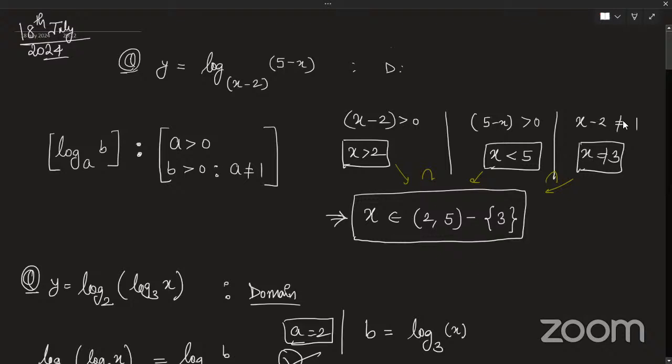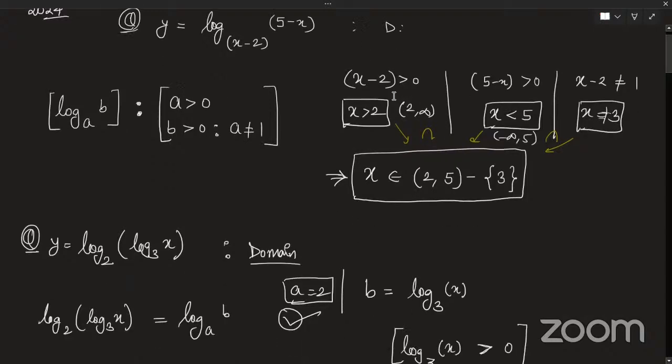X minus 2 can't be equal to 1, so x can't be equal to 3. I will take the intersection of these three. Greater than 2 means 2 to infinity, less than 5 means minus infinity to 5, and the intersection is from 2 to 5, but I can't take 3. X can't be equal to 3.